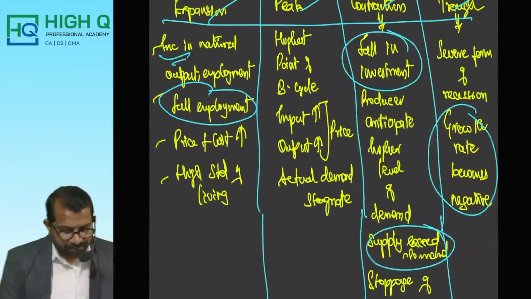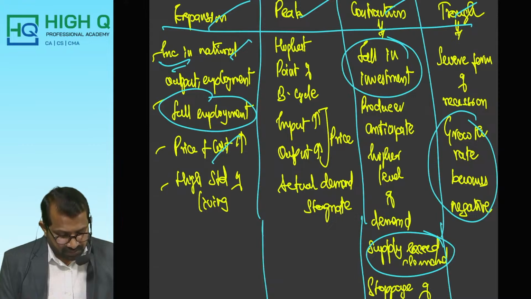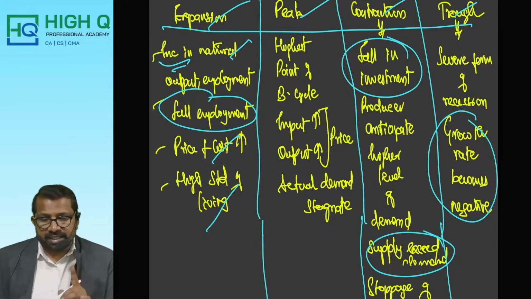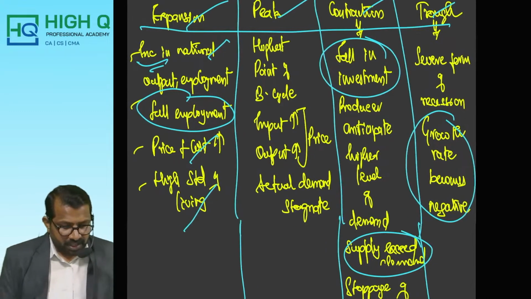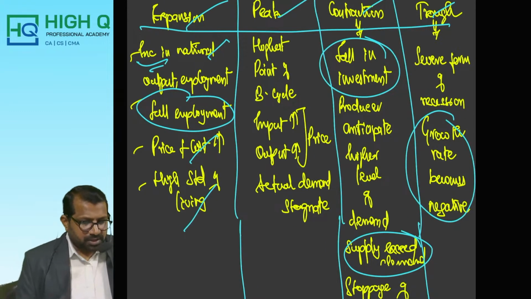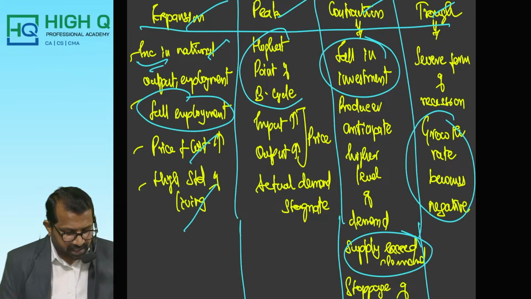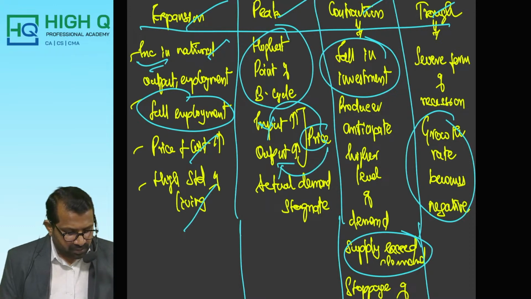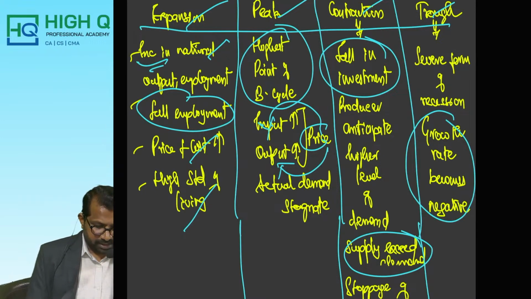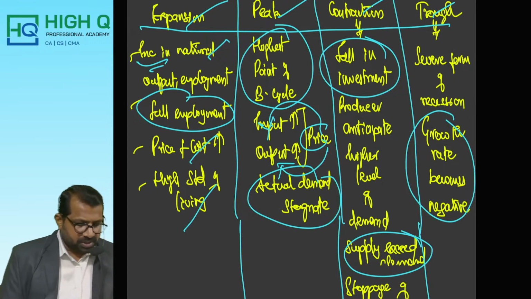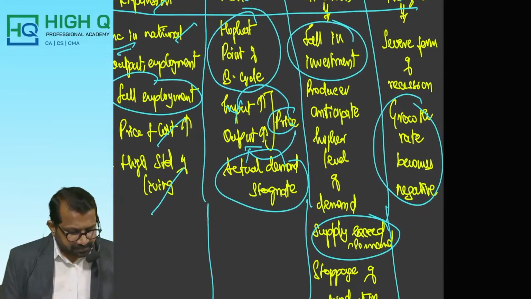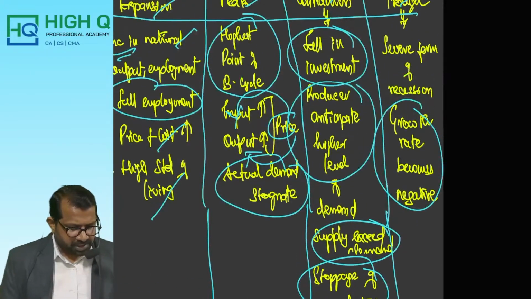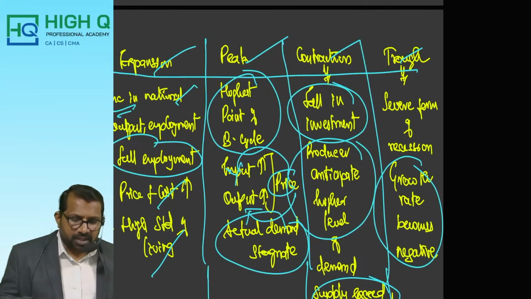Price and cost will also increase and a high standard of living will be there, but this is possible only at the initial stage of expansion. So it started to expand, then slowly started to decrease. Meanwhile there will be a peak stage, the highest point of the business cycle. Input prices and output prices will both increase, so actual demand stagnates. In contraction, producers anticipate a high level of demand, and there is stoppage of production during this stage, since there is a fall in investment.